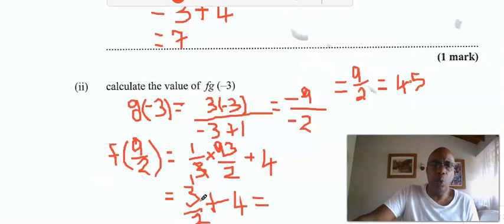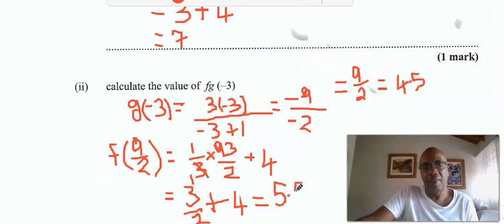So 4 plus 1.5 is simply 5.5. So you can put the answer as 5.5. You'd have gotten the same answer if you had used 4.5 instead. So this is f of g of negative 3.